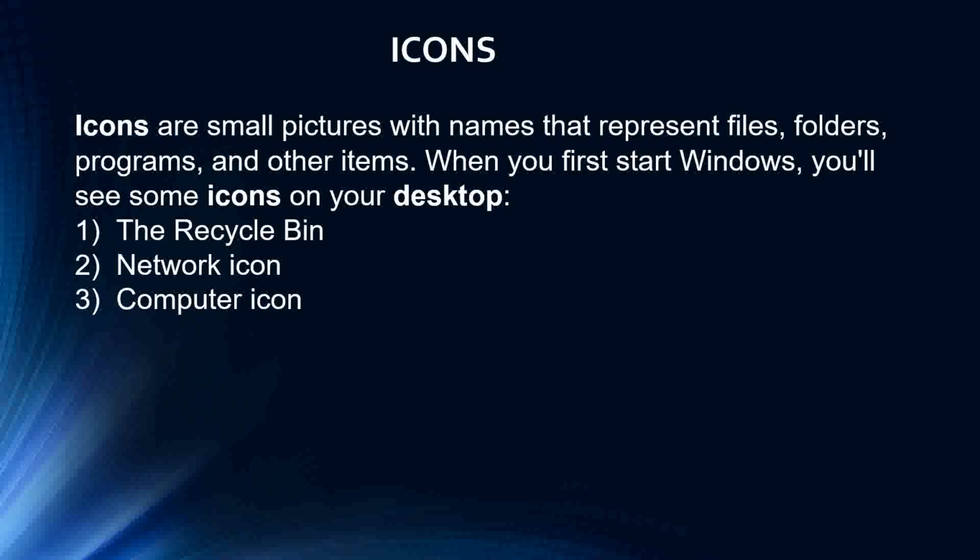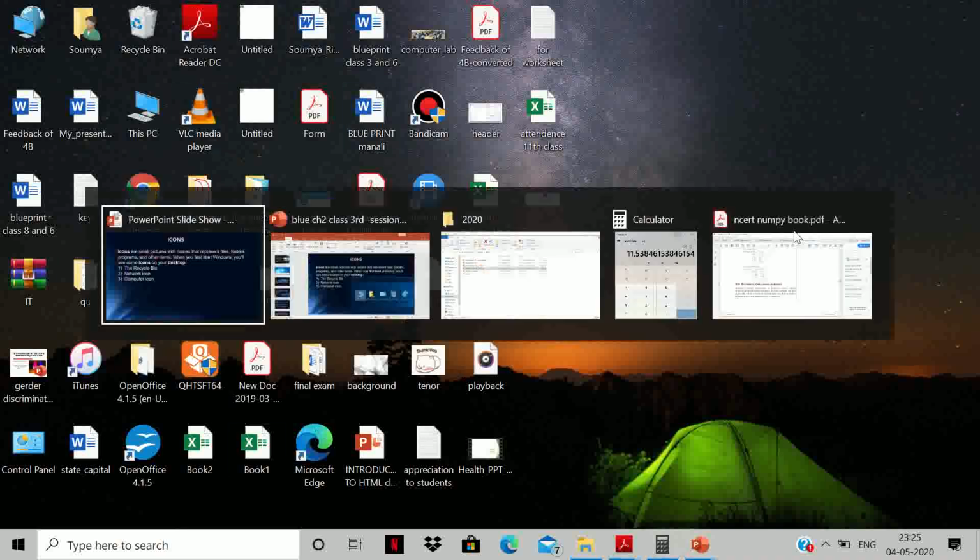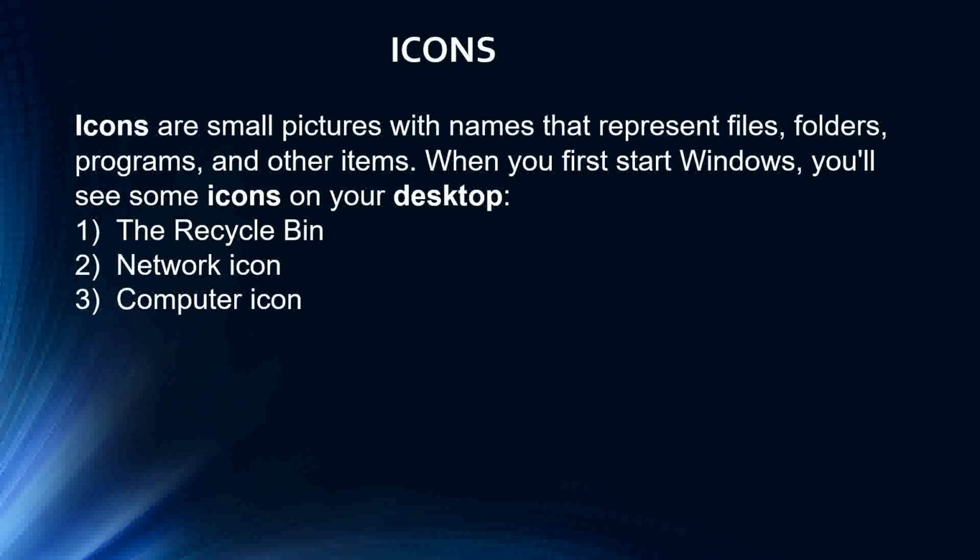Let me show you. This is Network. One folder is there, like Soumya. This is This PC. And then this is the Google Chrome icon. All these icons are kept on my desktop.